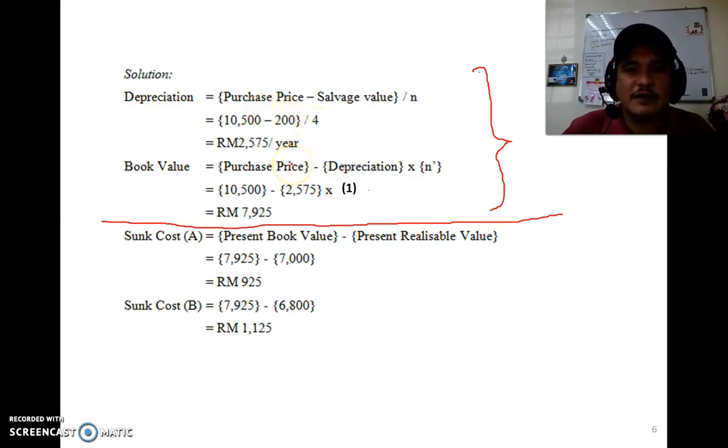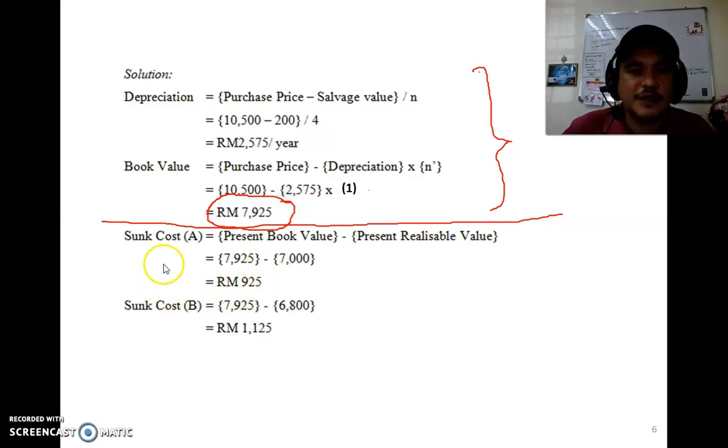That means the value of our machine is reduced by 2,575 per year. So the book value is the purchase price minus depreciation times N bar. That means 10,500 minus 2,575 times 1, so the book value now is 7,925.